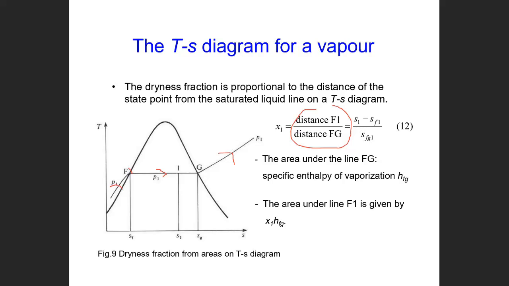So this is the distance f1. If it's here, then it's 0 because this is 0.